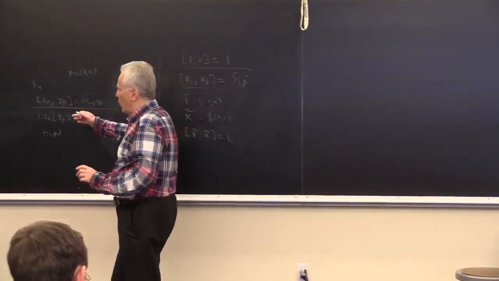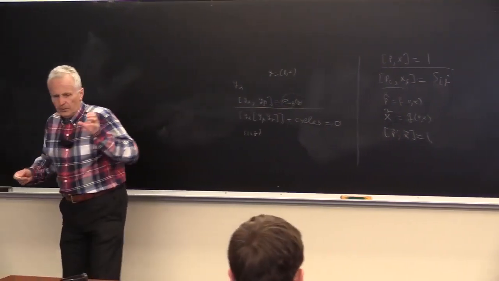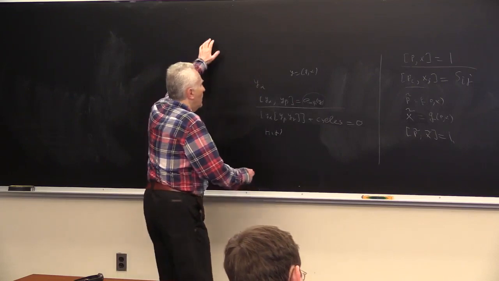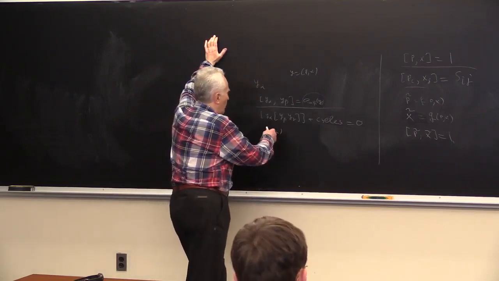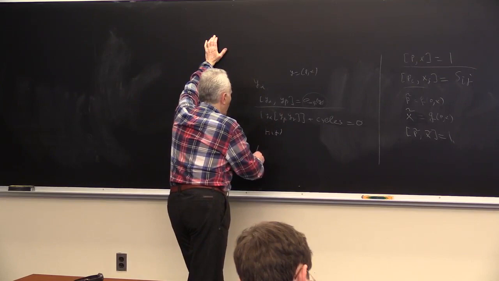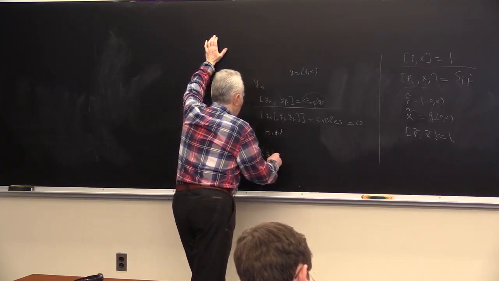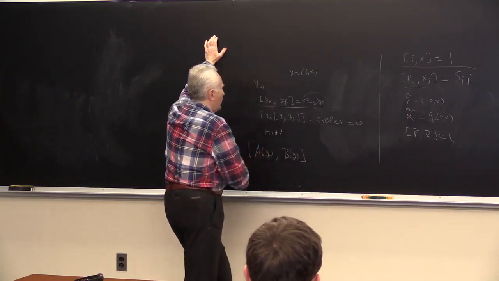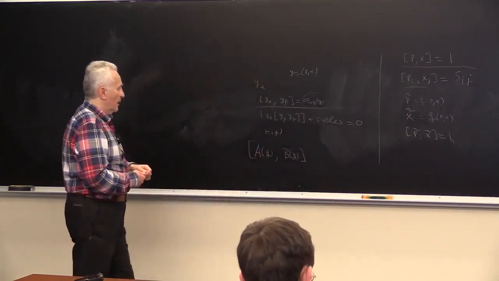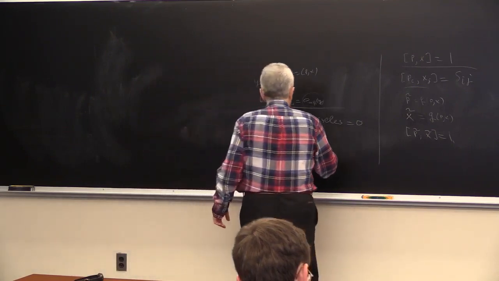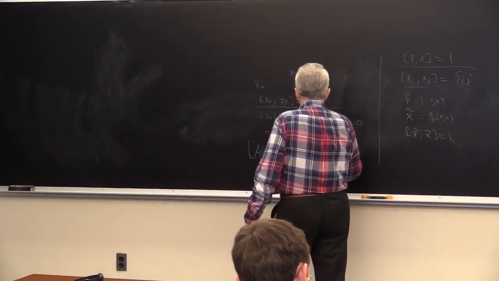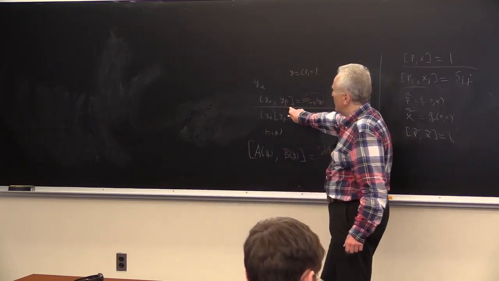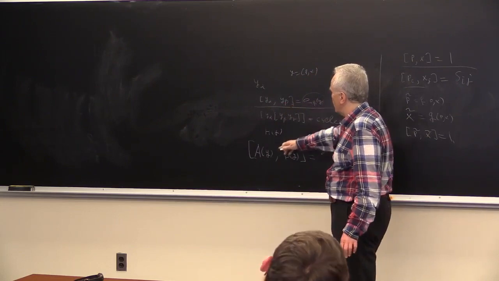By the way, one more rule which I want to remind you about is that more or less by definition, if you have two functions on the phase space, you define the Poisson brackets in the following way. Roughly speaking, you are saying this is a commutator in some sense.